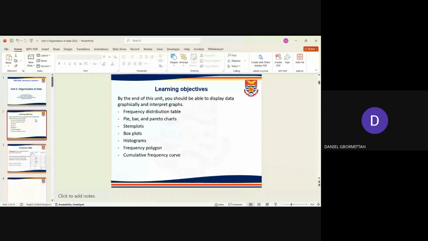All these data organizing tools we have mentioned, you have actually experienced some of them, most of them already. Maybe the Pareto charts and the box and whisker plots are the ones you haven't. As for the stem plots, you have been doing them in your various schools.